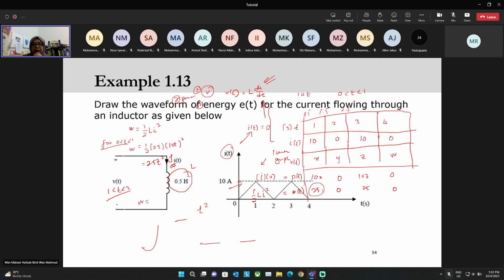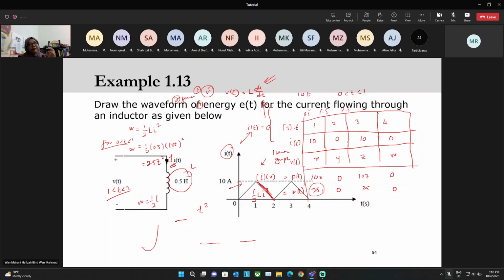Kan dia punya W, sebabkan I dia mana I dia? I dia berapa? Negatif 10T tambah 20. Yang ni lah baca ni. So bacaan dia, you masukkan je dalam equations, tapi belum masuk value pada masa tersebut. Dia dalam sebutan T. Okay, it's going to be a bit complicated sebab you kena darab kuasa 2 lah, you kena expand and simplify.